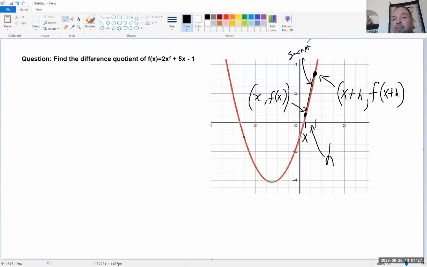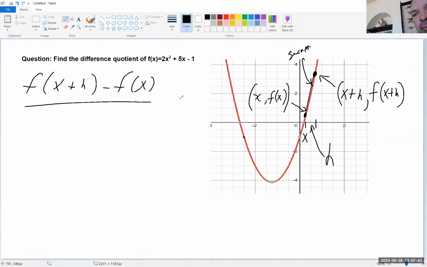And so we want to find out what is the slope of that line. And that's where this formula comes from. Now notice this is x plus h minus x.